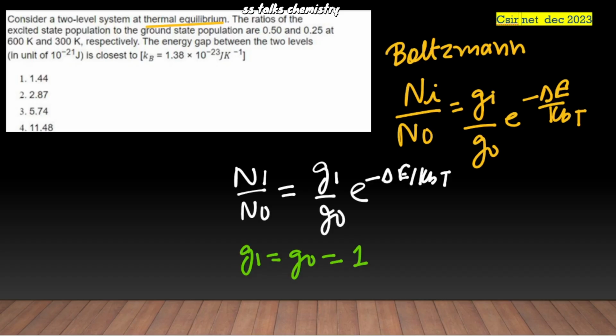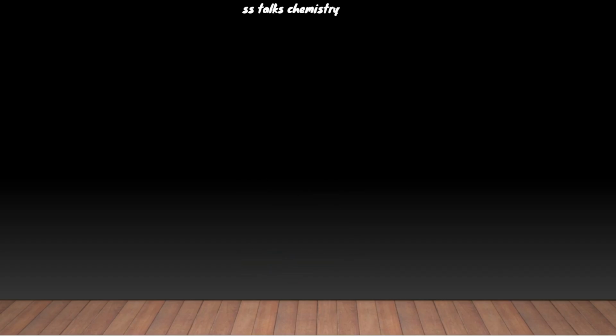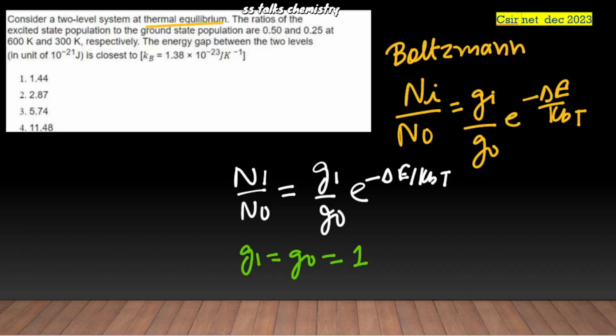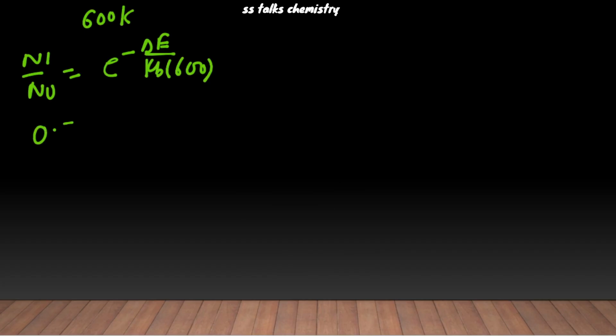Just take those ratios. Firstly at 600 kelvins, N1 by N0 is e raised to the power of minus del E upon kb at 600. This ratio at 600 kelvins we have been given as 0.50. So 0.50 is e raised to the power of minus del E upon 600 into kb.